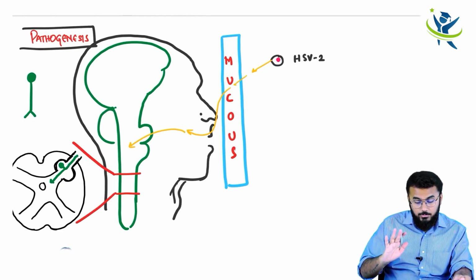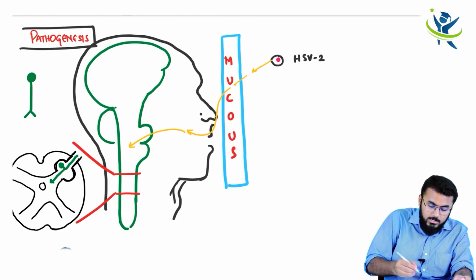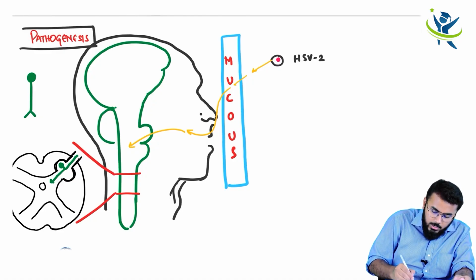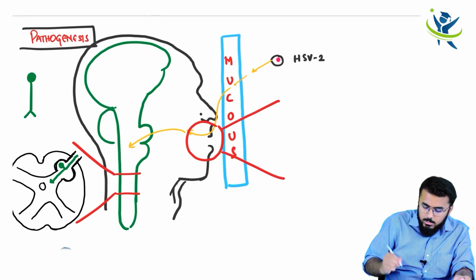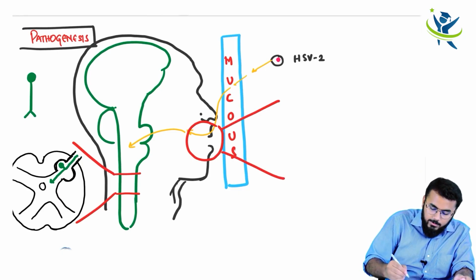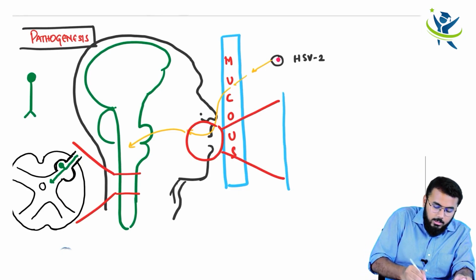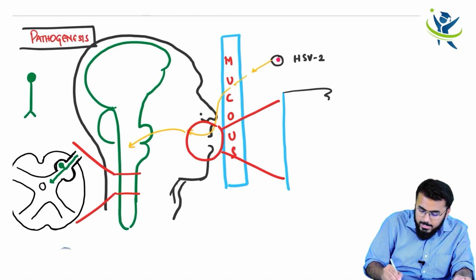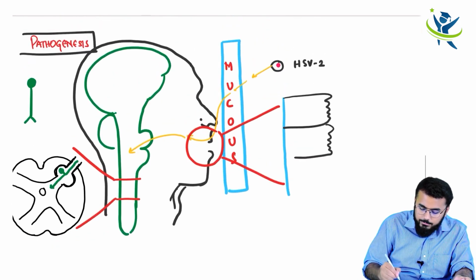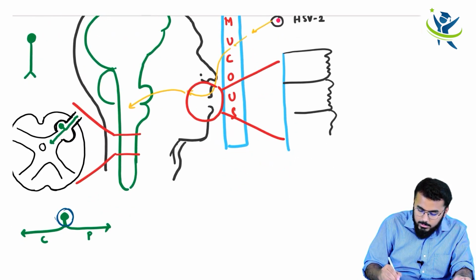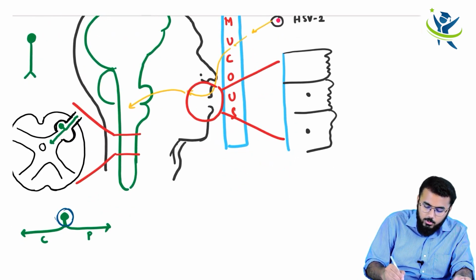Okay, but before that, what is happening? I just want to make an outline of this. Zoom this mucosa layer. Look here, guys. In this mucosa layer, you have got many epithelial cells, isn't it? These are the epithelial lining of the mucosa. These are the epithelial cells like this within the mucosa.